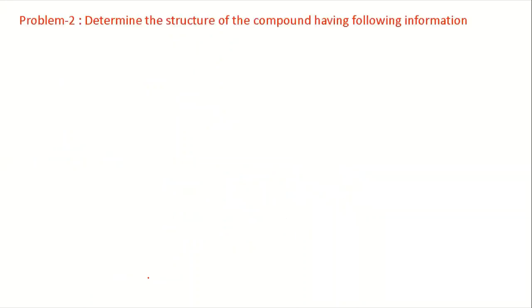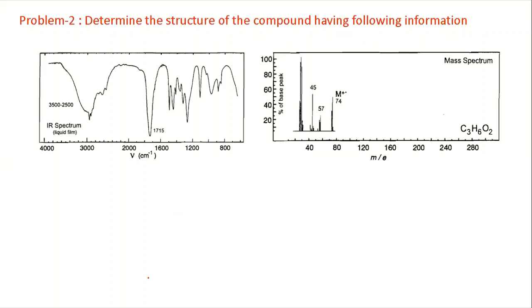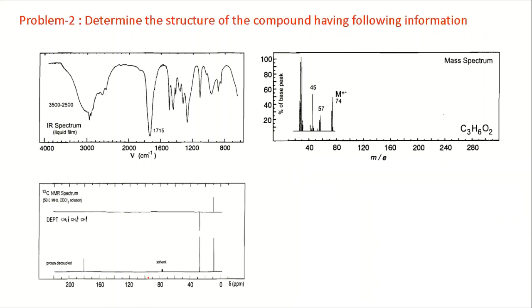Problem number 2: determine the structure of the compound having the following information. You have IR given, mass given, the proton decoupled spectrum and DEPT given. This DEPT means DEPT 135.